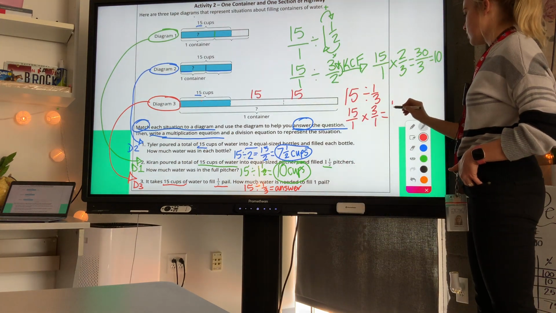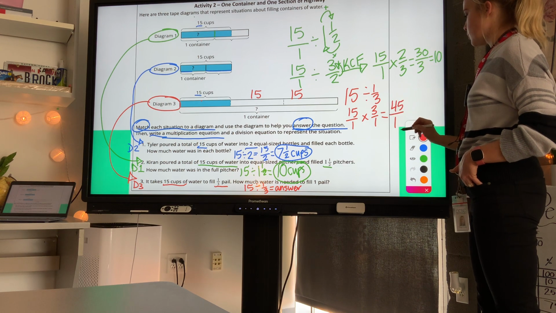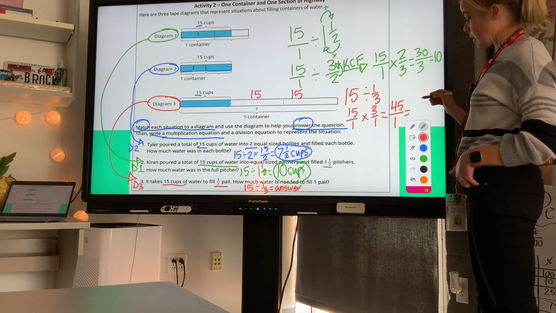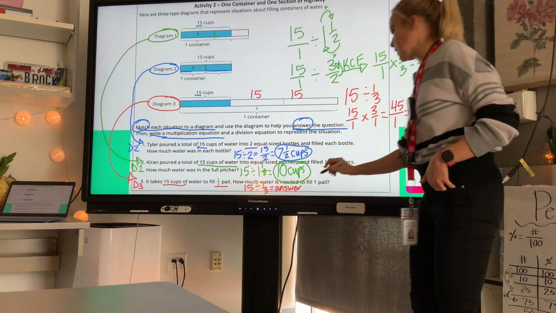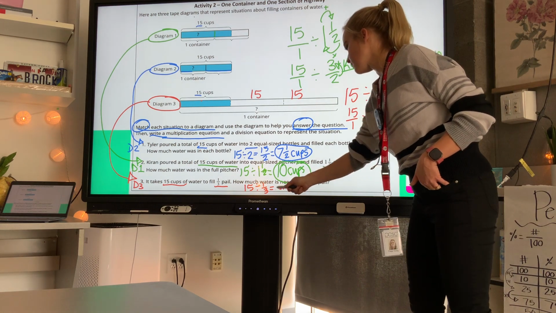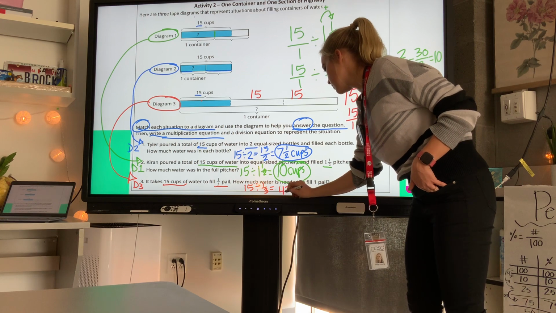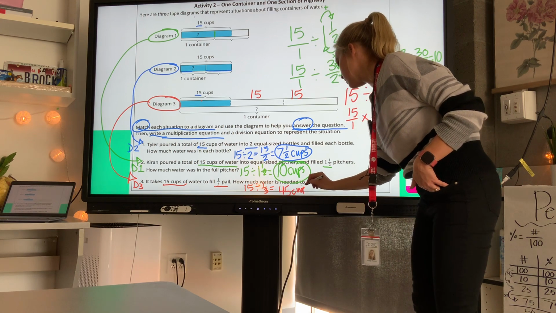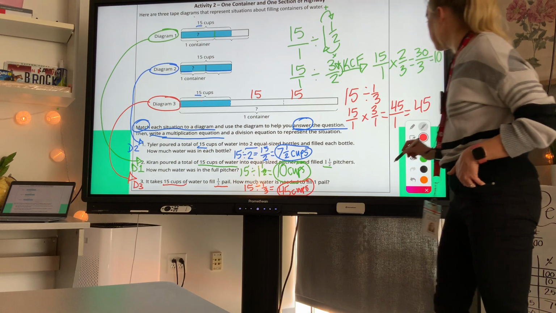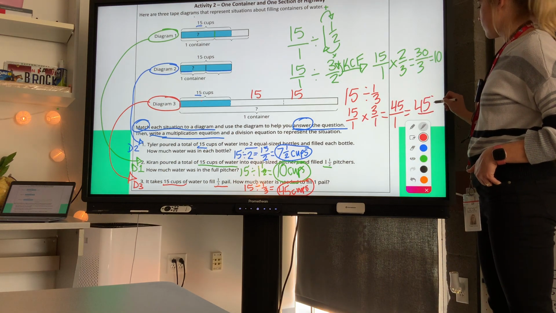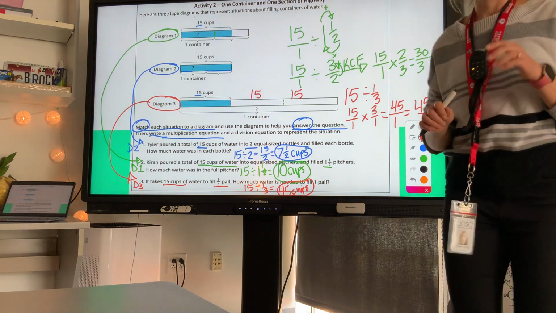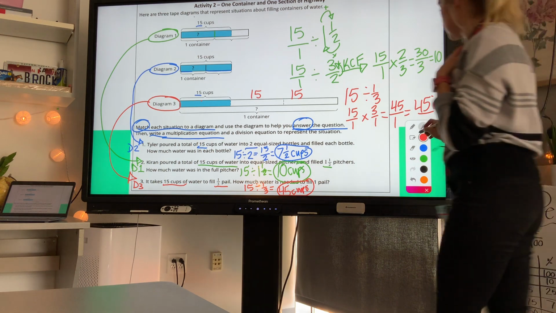So 15 times 3 is 45. 1 times 1 is 1. 45 divided by 1 is 45. So my answer is going to be 45 cups for the full pail. And we wrote it right here as well. 45 cups. Okay, that's activity number 2.